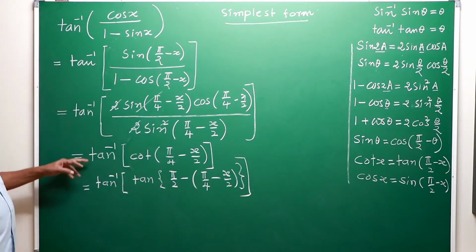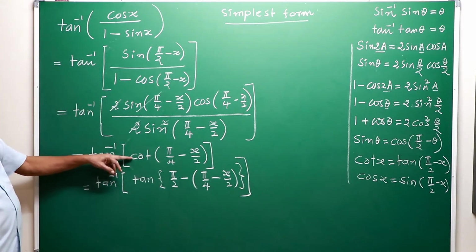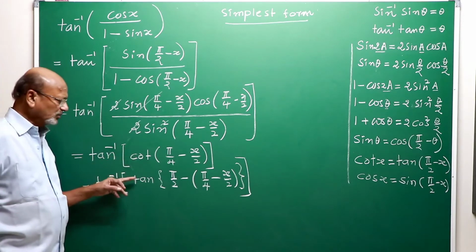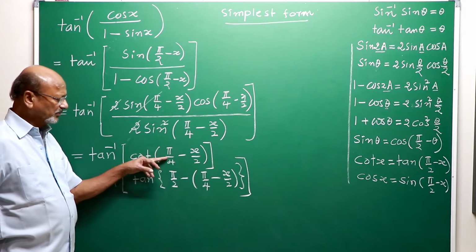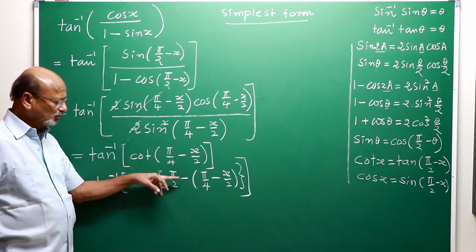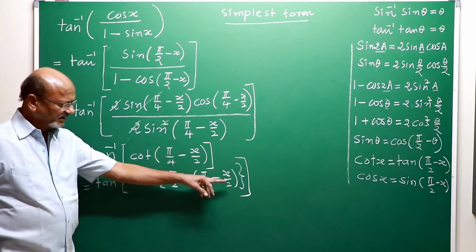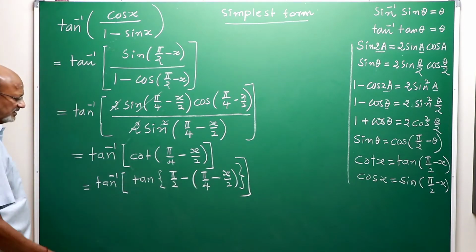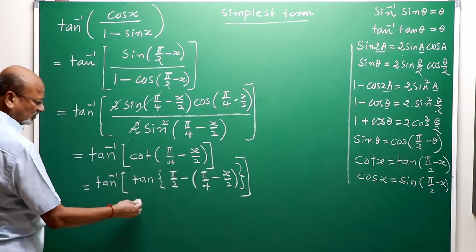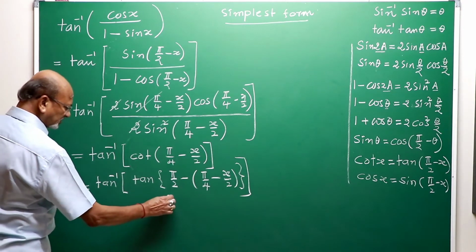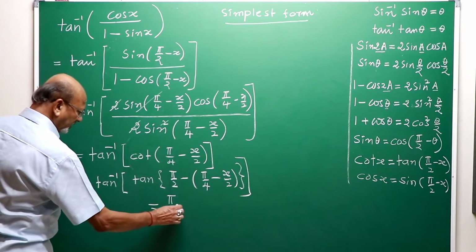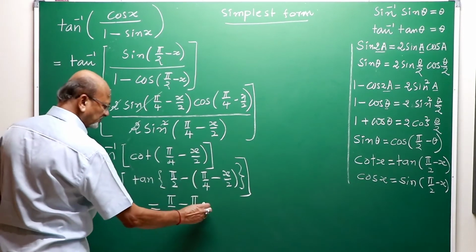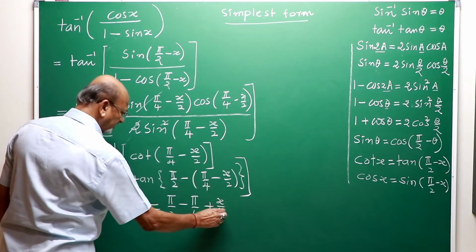See, tan inverse, cot, we want to change to tan. That cot to tan makes what? Replace this angle by pi by 2 minus this angle. Again I used another bracket. Simplified. Tell, my friends, tan inverse of tan gives only the angle: pi by 2 minus pi by 4 minus, with this minus, plus x by 2.